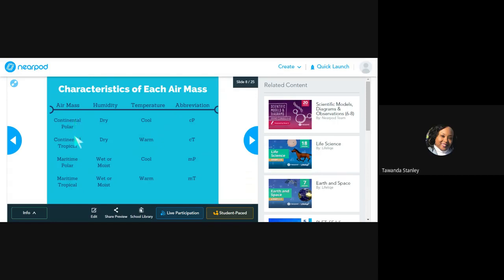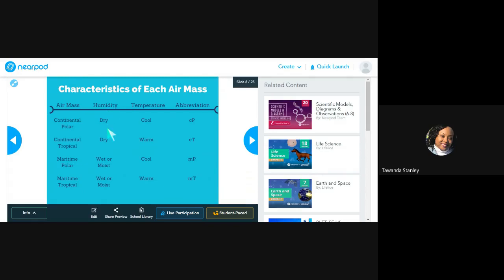So we have the continental polar. The first word is dealing with the humidity. Continental means land, and by meaning land, I think of dry. So try to make that connection: continental, land, dry. Polar is the second word, which means cool. When you think about polar, you're thinking about cool temperatures. That's what the word cool is representing, the temperature.